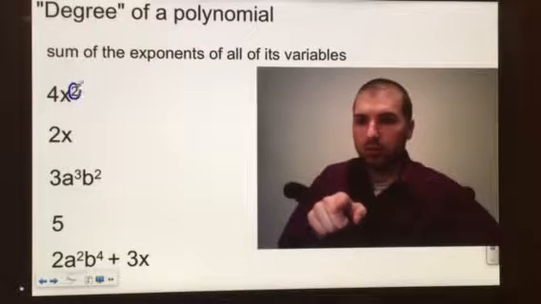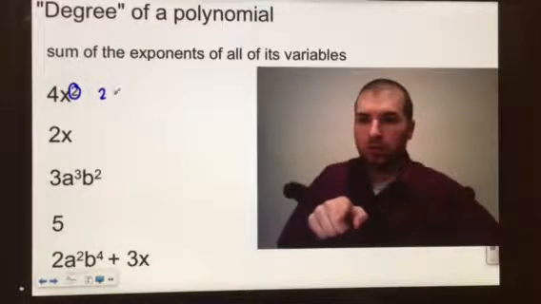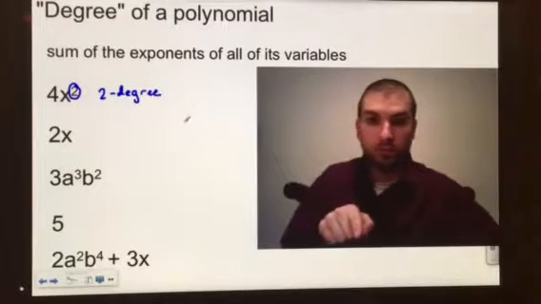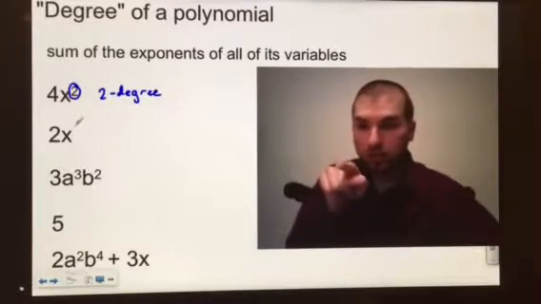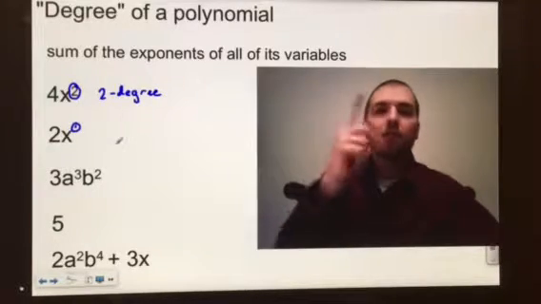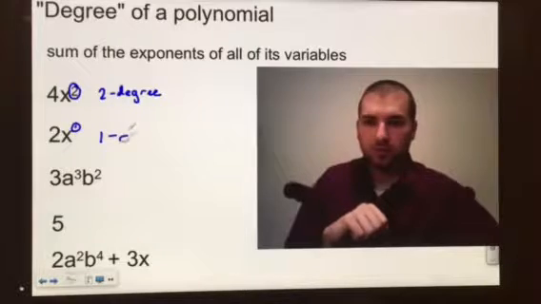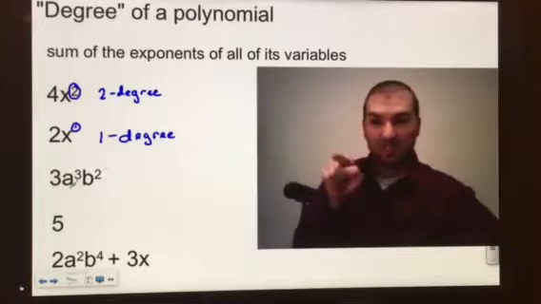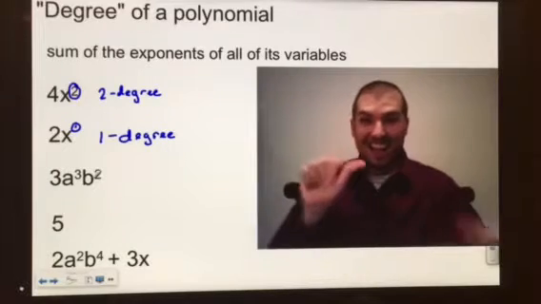Such as this first example has a 2, so it's 4x to the second, which would mean it would be to the second degree. This next example would be to the first degree, as there is nothing written here, 2x.